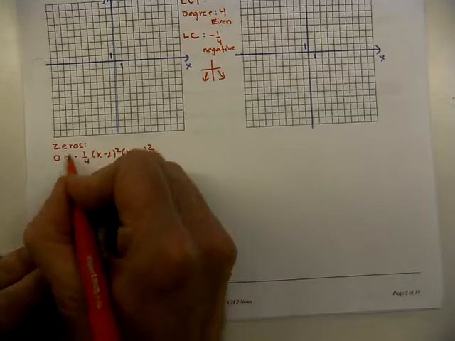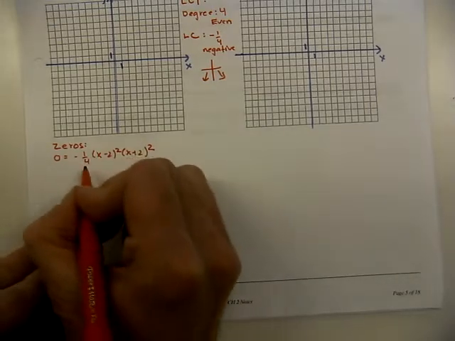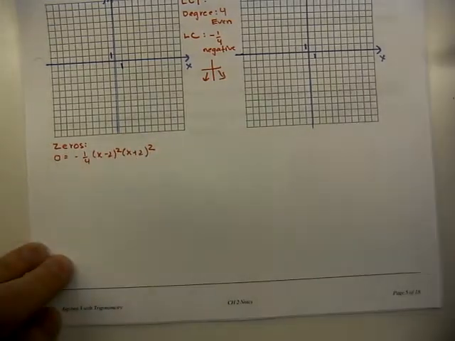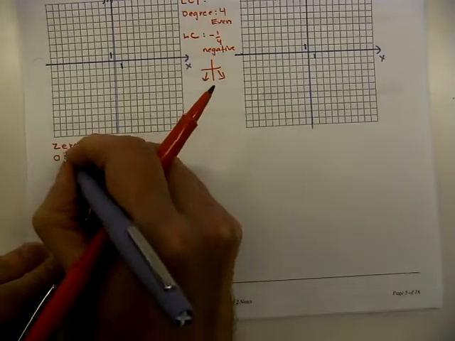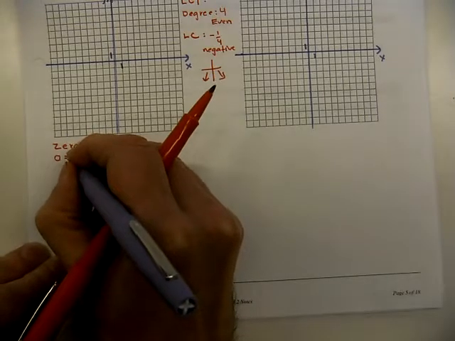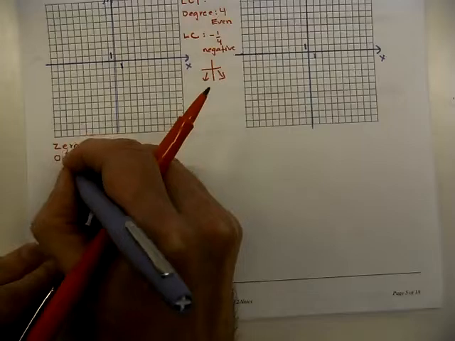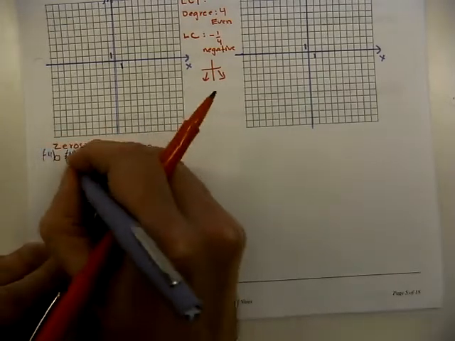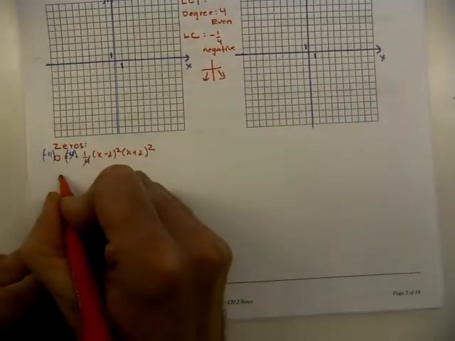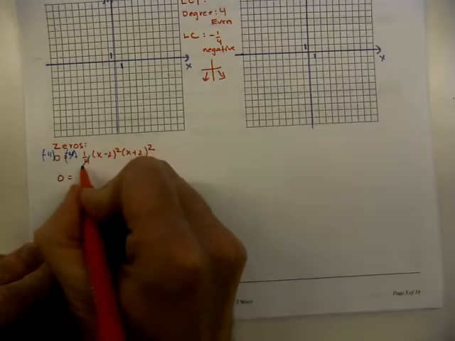First of all, if we set this factor equal to 0, that's nonsense. Of course, negative 1/4 doesn't equal 0, so as a way of handling this, I'm going to multiply both sides by negative 4, and that essentially just clears out the denominator, so you have 0 equals, and now that factor of negative 1/4 is gone.